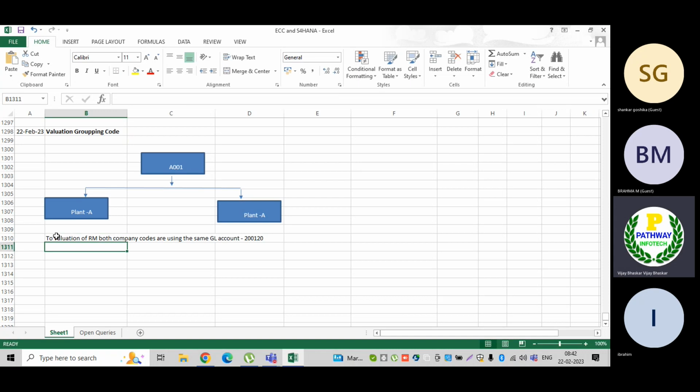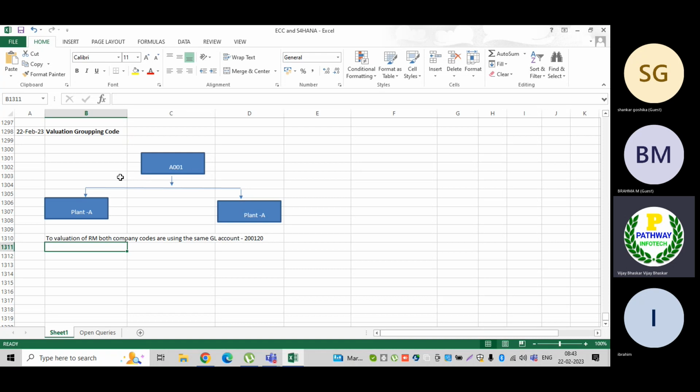For the valuation, we need to understand in SAP that material valuation can be done at plant level as well as company code level. First of all, we need to understand what the valuation level is.